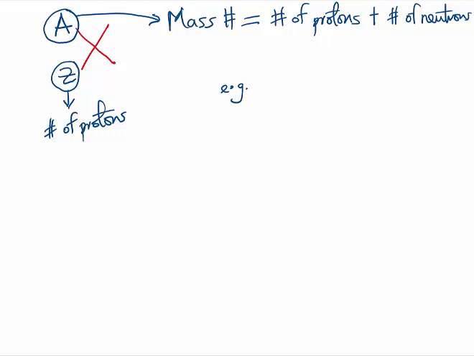Look at sodium. From the periodic table, we already know that the atomic number is 11. One of the ways sodium is found in nature is with a mass number of 23. Now, let me be very explicit here. You cannot find the mass number on the periodic table. So let me write that down.